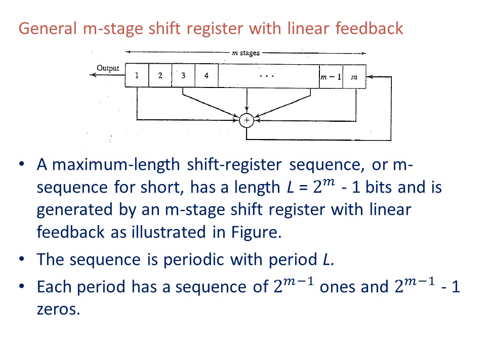So 4 ones will be there, and 2 to the power m minus 1 minus 1, that is 4 minus 1, 3 zeros will be there. So if the sequence length L is equal to 7, in that case 4 ones and 3 zeros will be present.